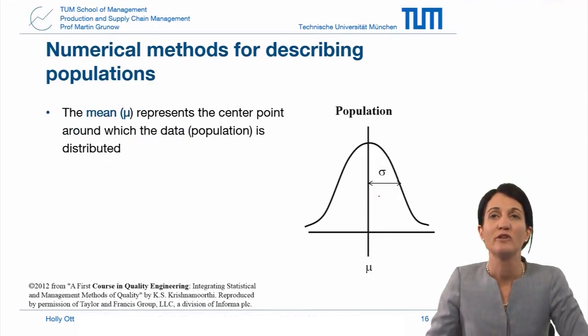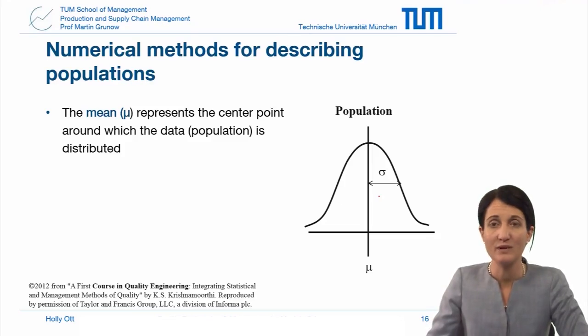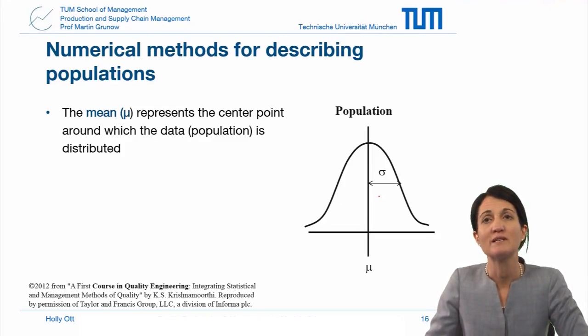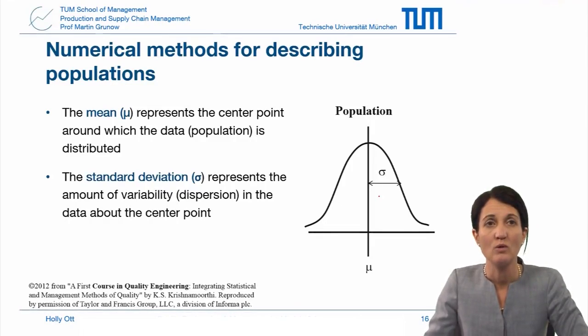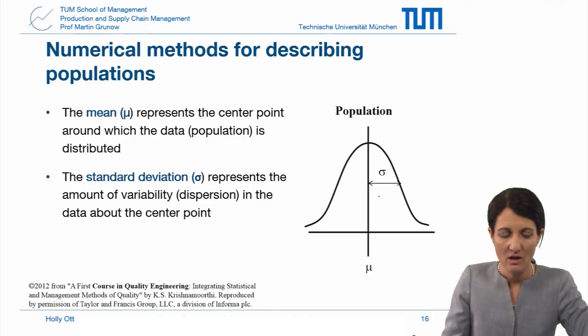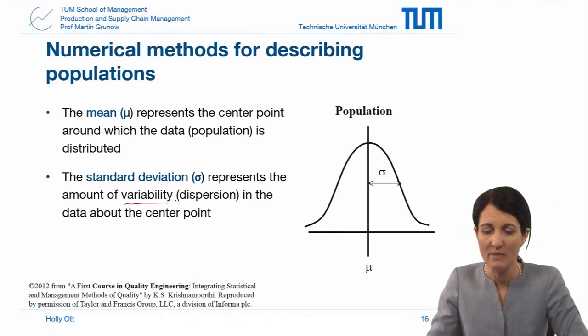Many of you are already familiar with the concept of the average value of a population. This average value, or mean, which is given by the Greek letter mu, represents the center point around which the data, the population, is distributed. The standard deviation, or sigma, of the population represents the amount of variability, or the dispersion in the data about the center point, about the mean.